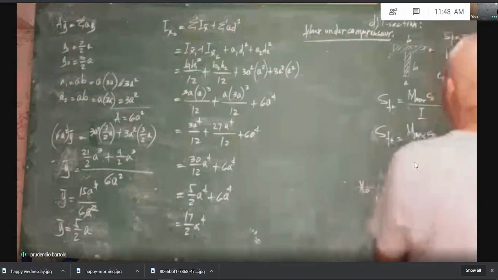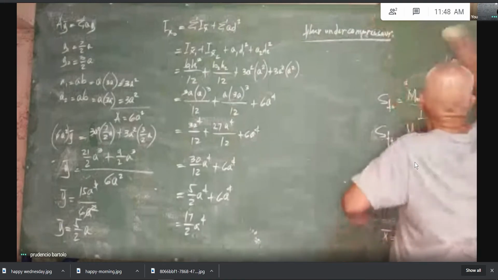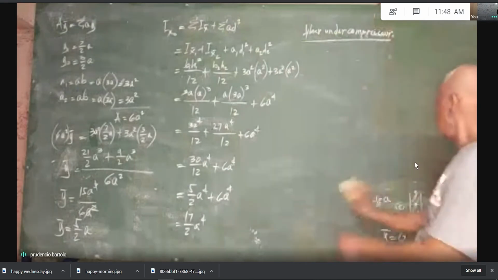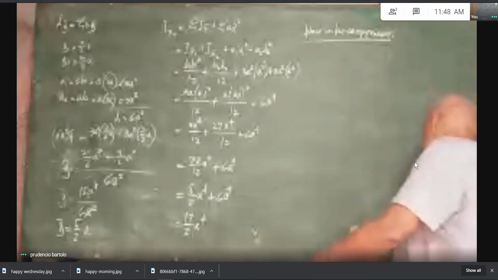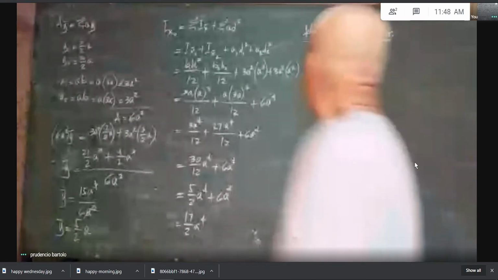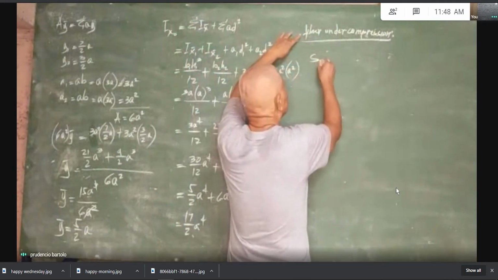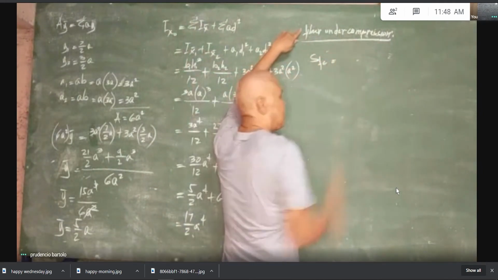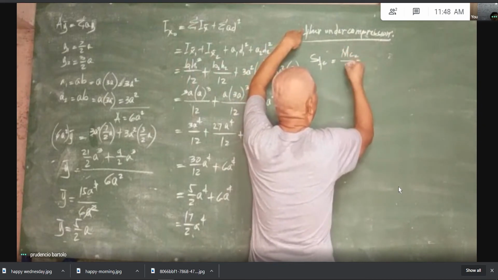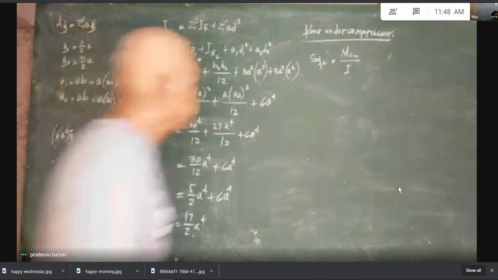If we consider the fiber under compression, since the moment is positive, fiber under compression, so that is SFC equal to Mc over I. Substitute values.